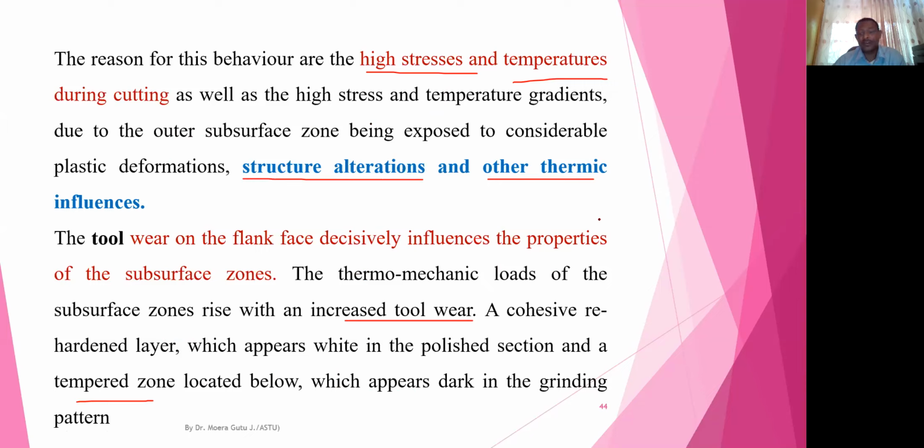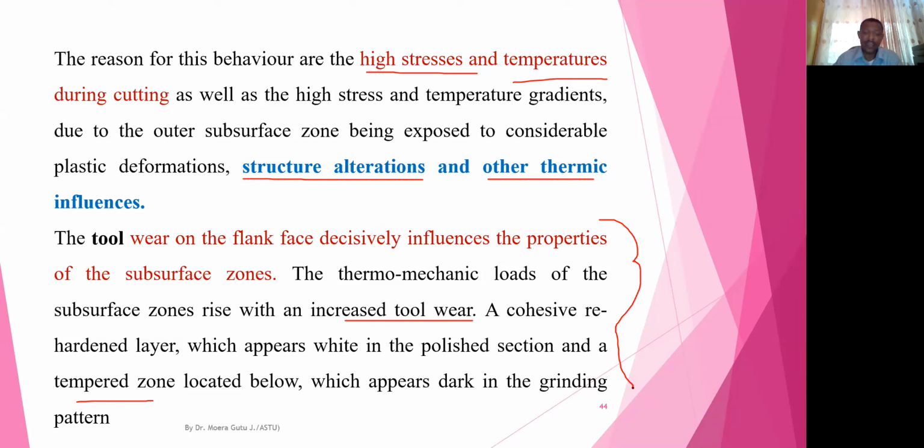You will understand this only after you examine the machined surface by X-ray or scanning electron microscopy. You will see what the grain structures look like, what the subsurface structures look like, and whether residual thermal stress is present or not.